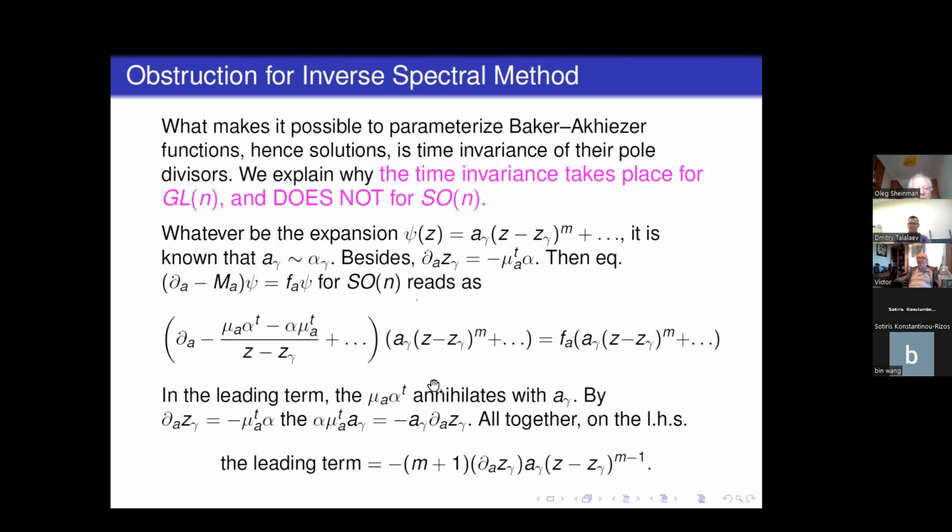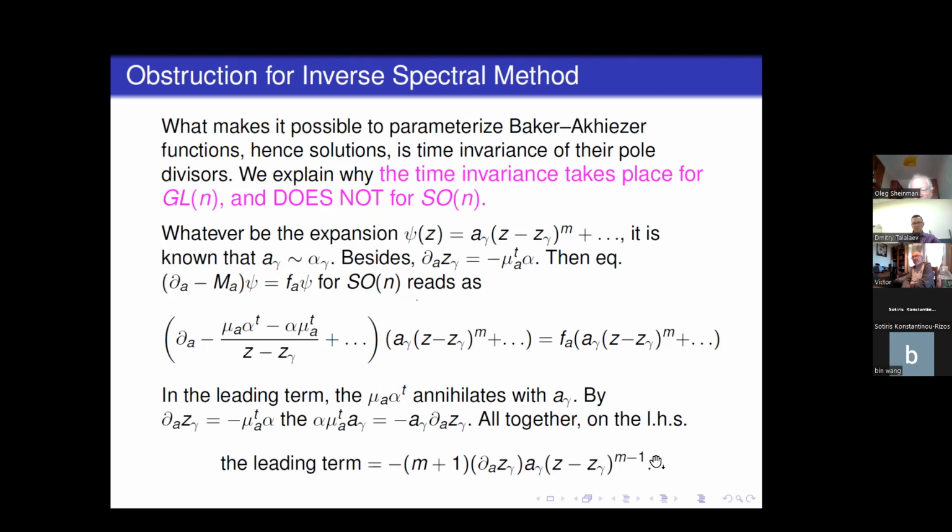So by simple calculations, using this relation for the evolution of z gamma, we obtain that the leading term has the following form, where m times what's written here comes from the derivative, and this +1 comes from multiplication of the residue by the first term of psi.